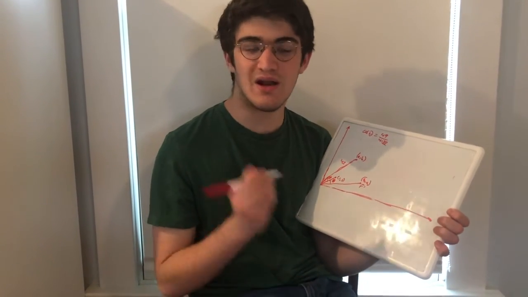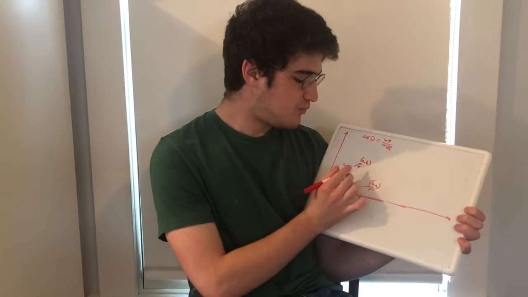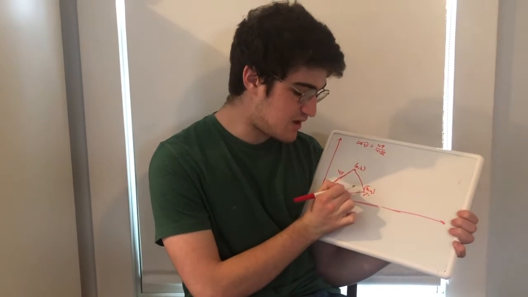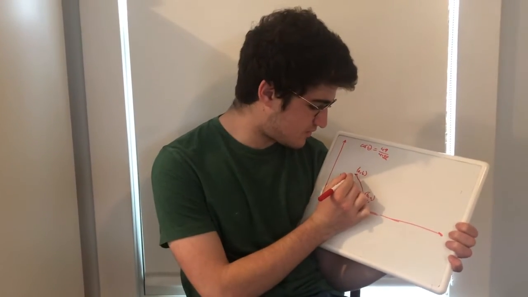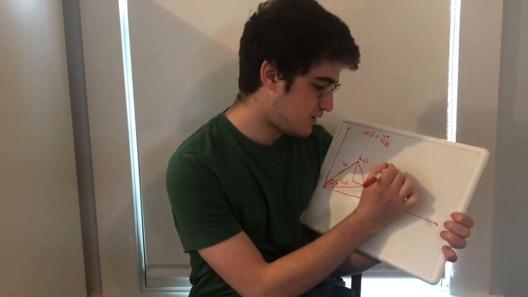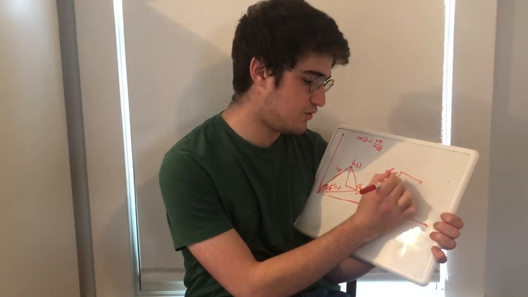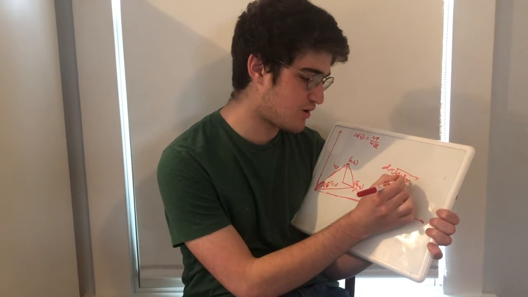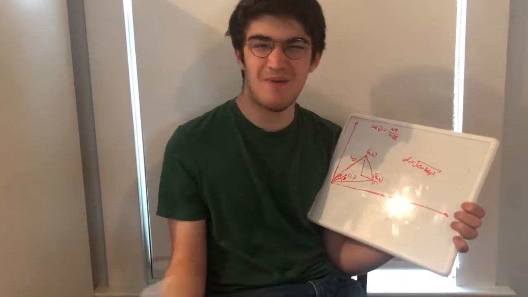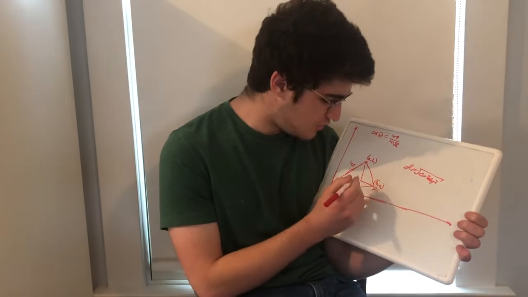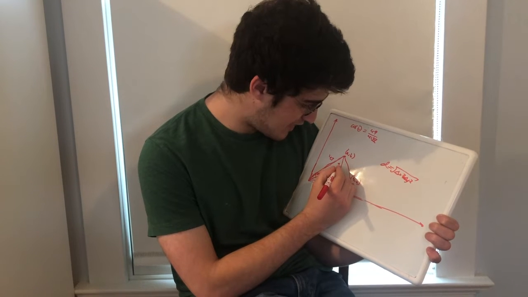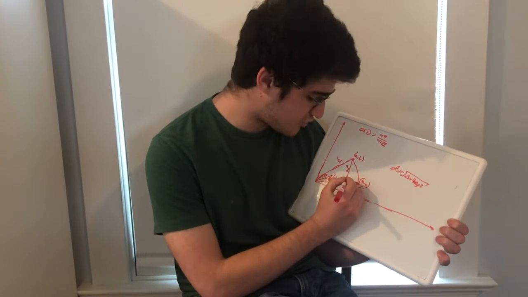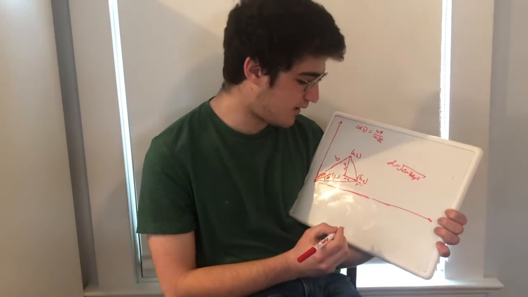Now here's where things are going to get a little funkier. We want to figure out the distance between (A, B) and (B, A) in two different ways. First, we're going to use just a basic distance formula, right? Distance is equal to delta x squared plus delta y squared, all raised to the 1/2 power. That is, we're taking the square root of it, which is exactly where the magnitude of a vector comes from anyway. Notice that this side has a length of A minus B, and this side also has a length of A minus B, right?